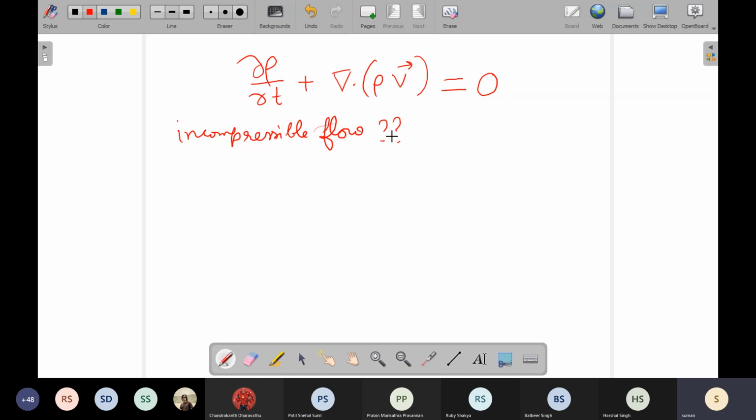So when you have an incompressible flow, the general perception is that density is constant.